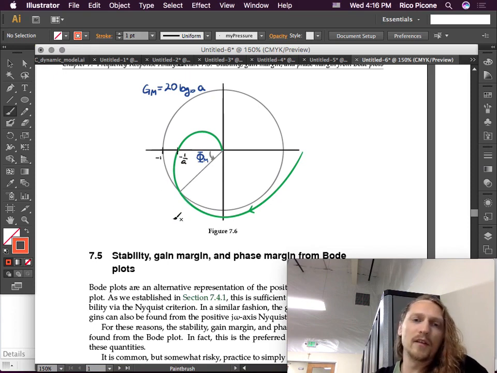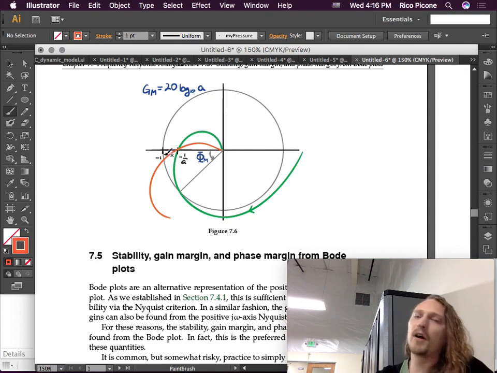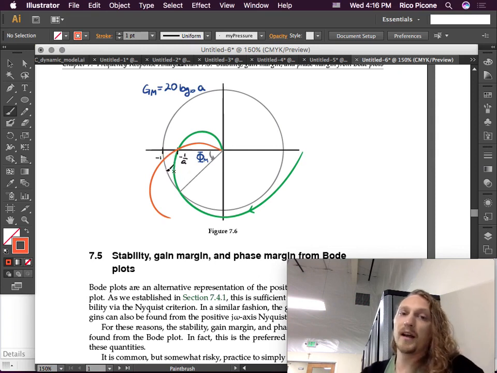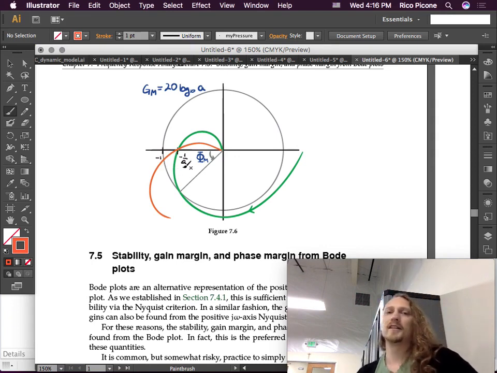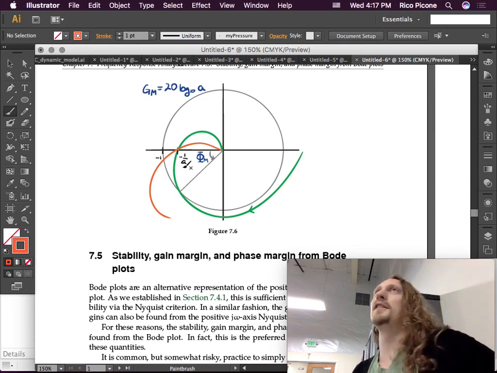So this system would have the exact same gain margin as the green one. The orange and the green would have the exact same gain margin. But the orange one would have a smaller phase margin. And it is, in fact, closer to going unstable, in a certain sense, than the green one is.